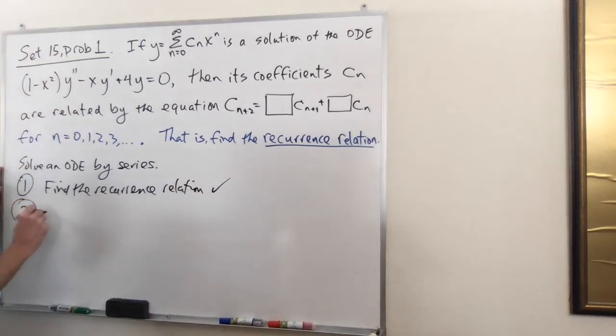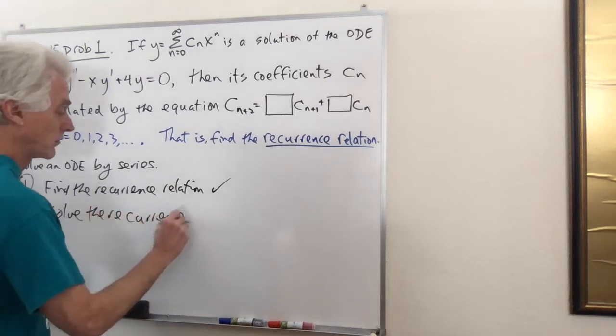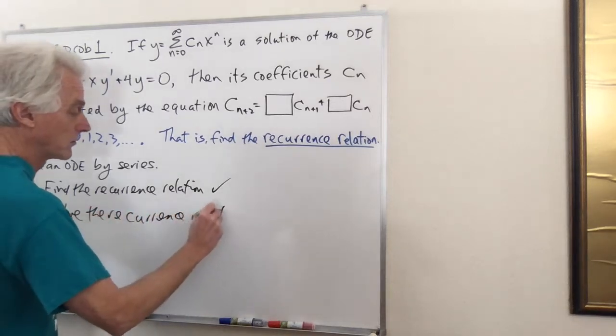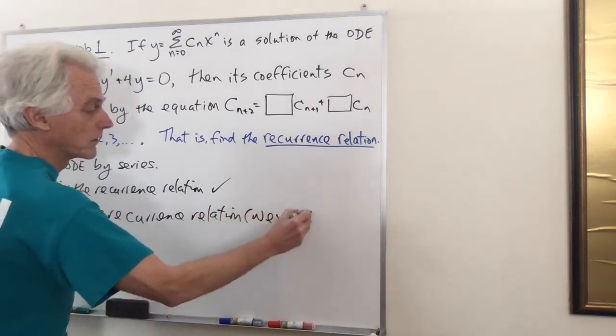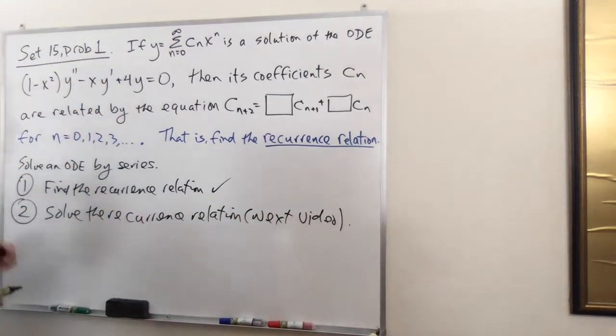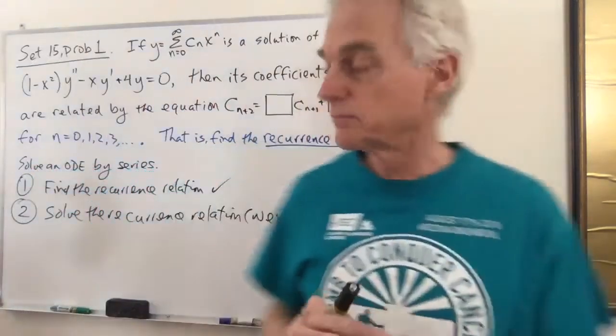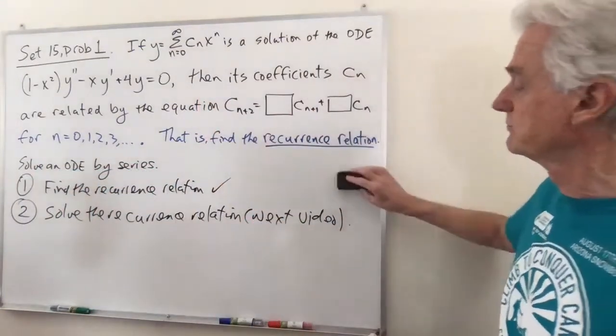And step 2 is solve the recurrence relation. And that's going to be the next video. All right, so let's just carry on here.